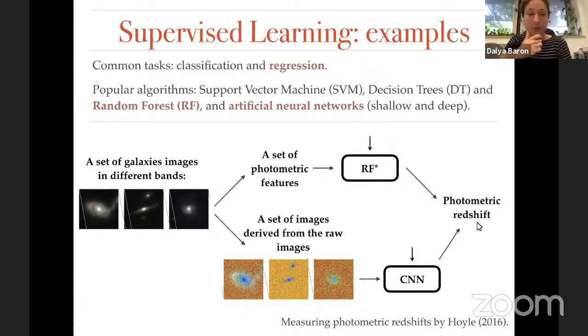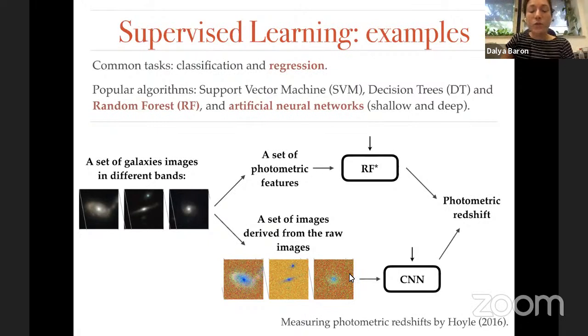Another approach he has shown in his paper was taking these images, applying some transformation to them in order to obtain a different set of images. These are particularly color images. So he measured the magnitudes in each pixel and then defined color images.